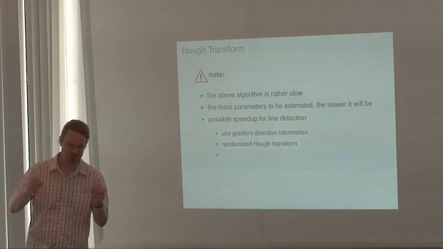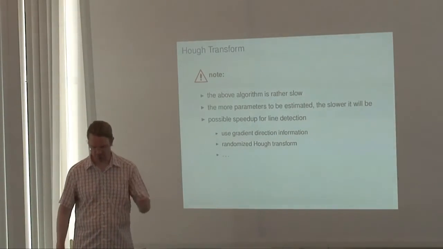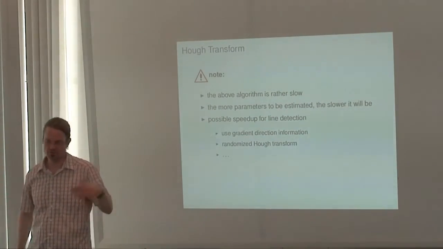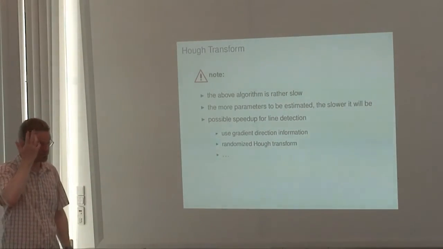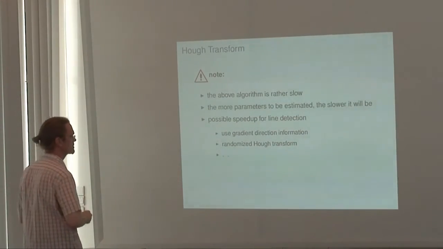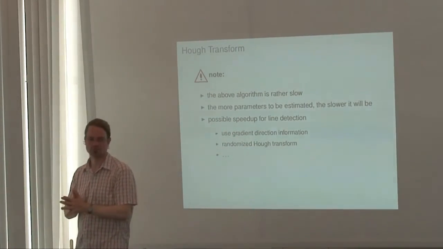So for the problem of line detection, for every pixel we have to compute every line, which is tedious. And for a circle, we have to create every triple of parameters, so it becomes slower the more parameters the object we are interested in has.